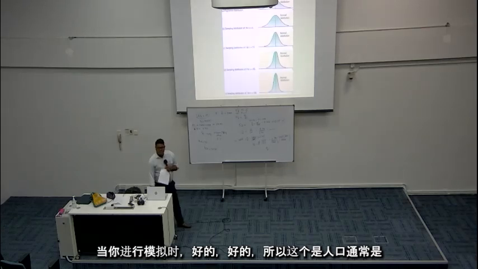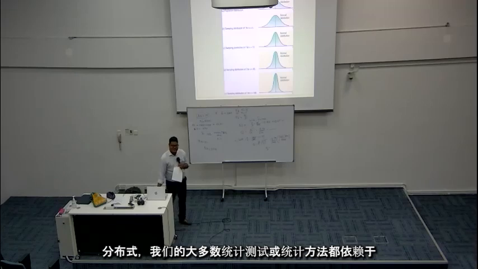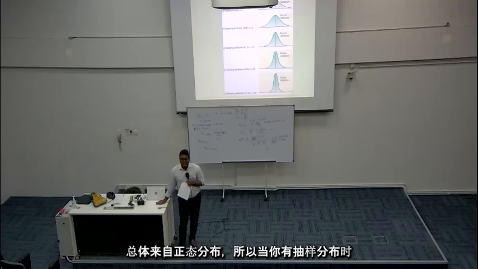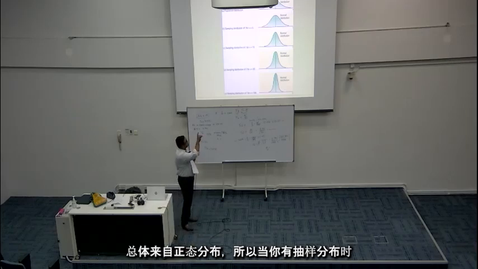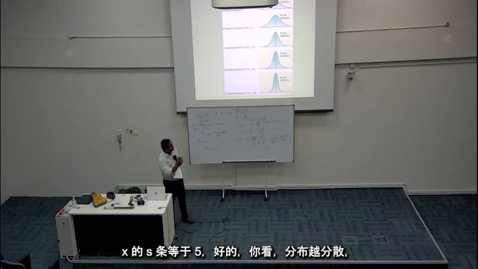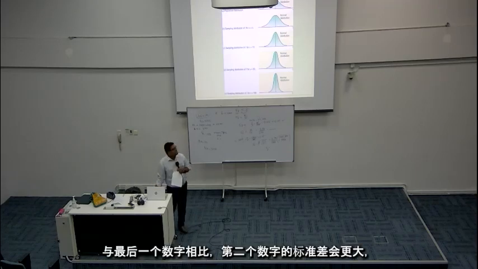Alright, so this one is when the population is normally distributed. Most of our statistical tests or methods rely on the population being normally distributed. When you have the sampling distribution of x bar for n equal to 5, you see that the distribution is more dispersed, whereby the standard deviation for this second figure will be larger compared to the last one.